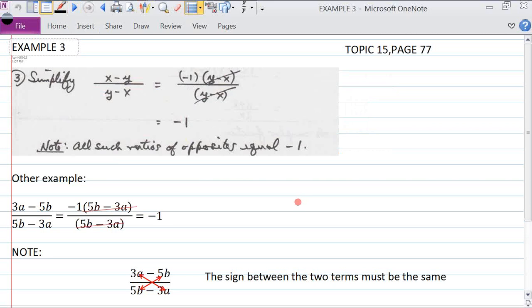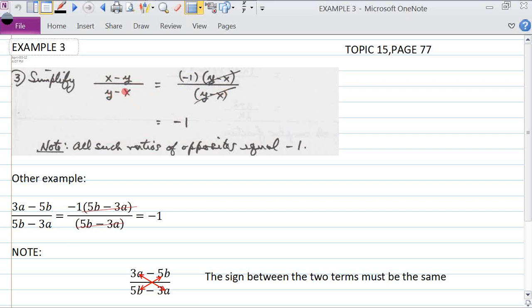Number 3, we have an interesting rational expression, where we have x minus y over y minus x. Now, what we're going to do is leave the denominator the same.